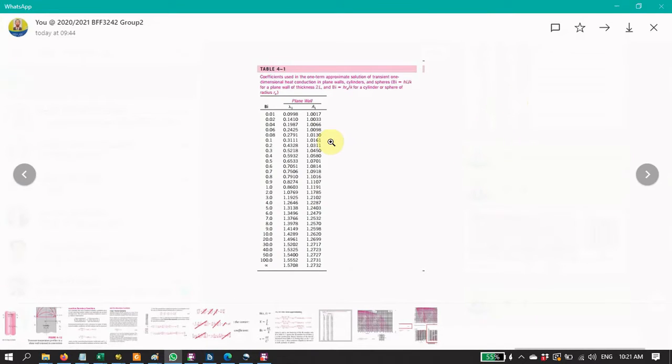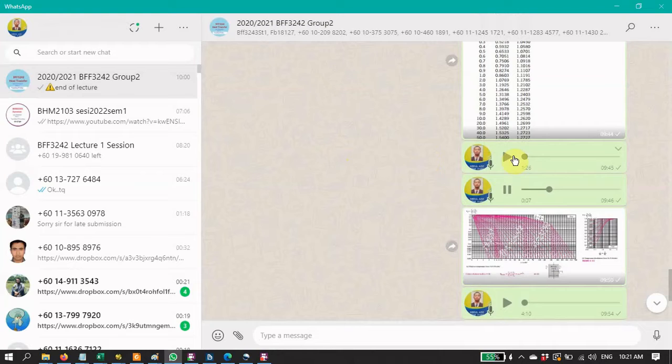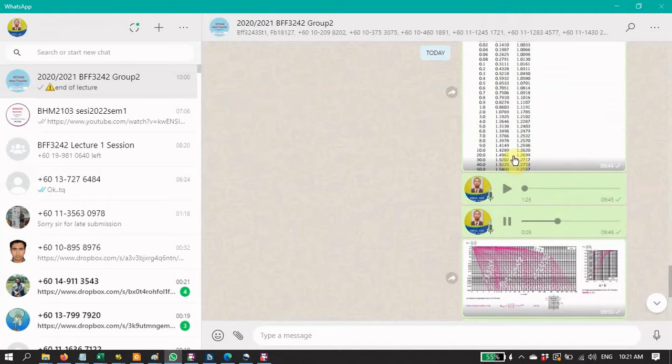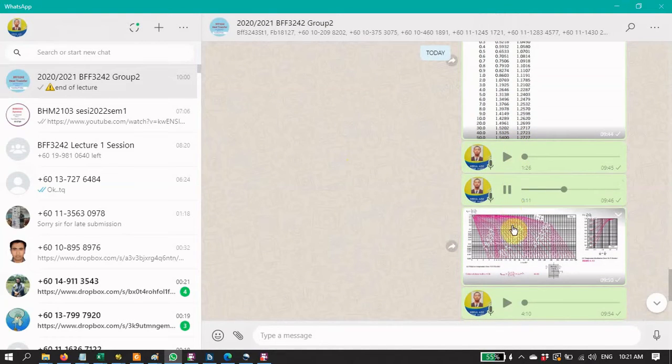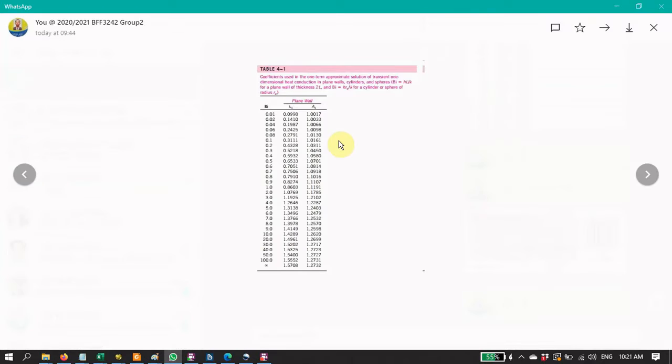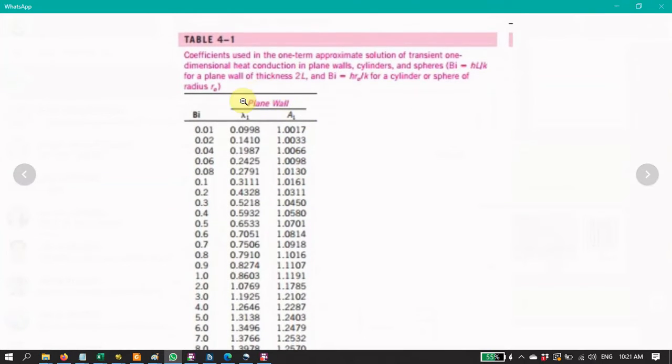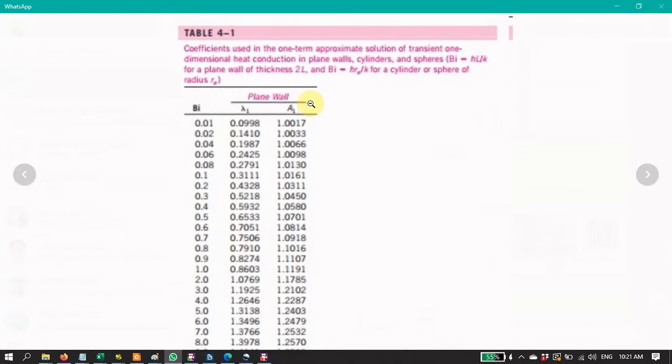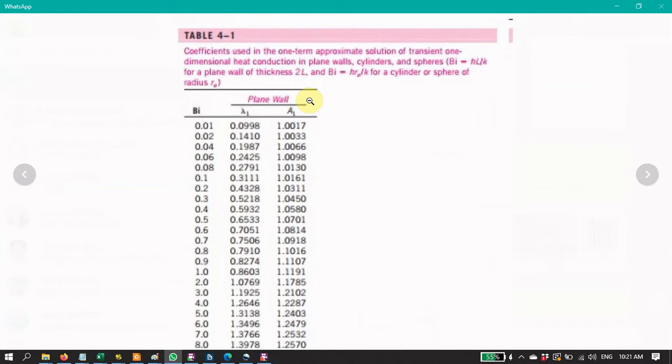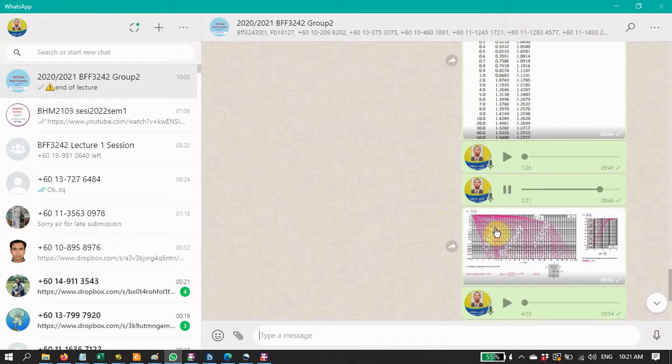Right. Until now, we have been looking at the solution of the problem using tabulated data, and you use this tabulated data to calculate the dimensionless temperatures. The other way is to use a graph.